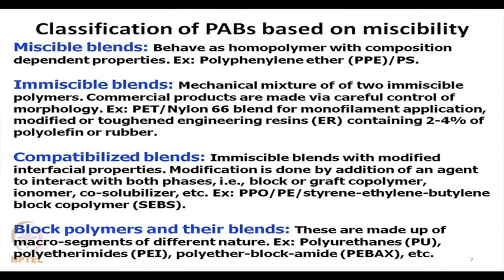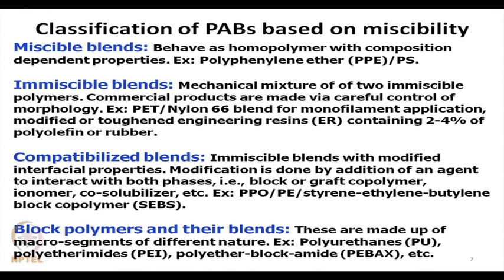Now, such modification with the help of a compatibilizer is done by addition of an agent which is known as a compatibilizer. This compatibilizer interacts with both the phases. So, this can be a block or graft copolymer, this can be an ionomer, this can be a co-solubilizer, means a co-solvent type of thing.